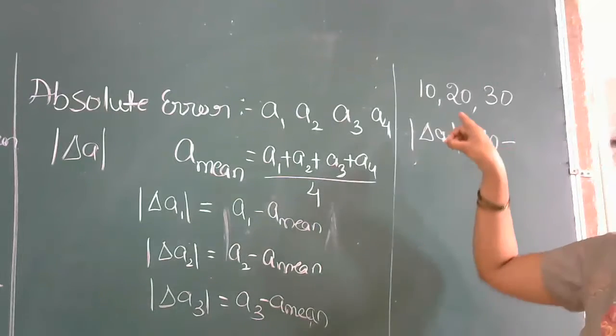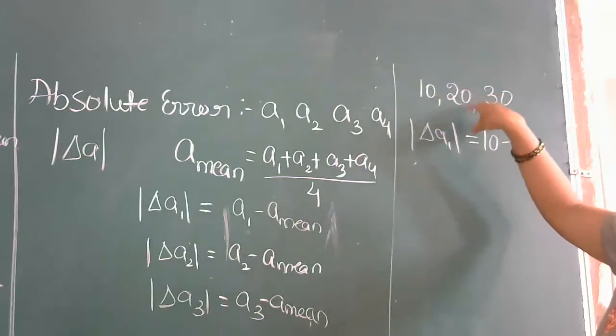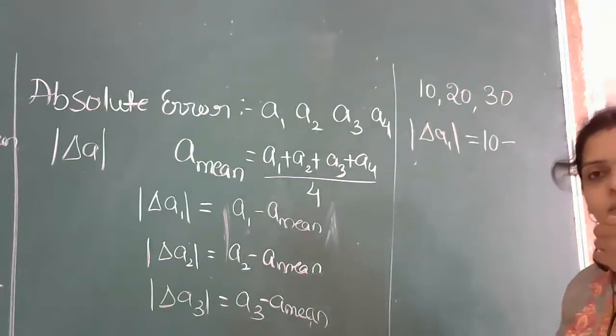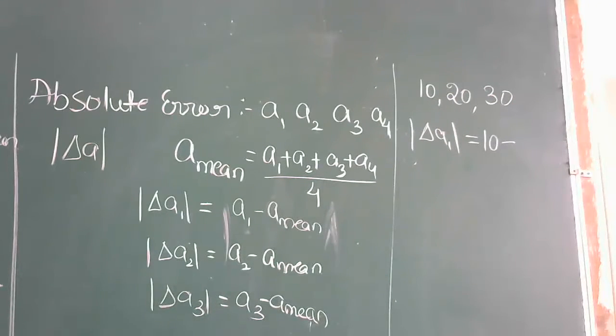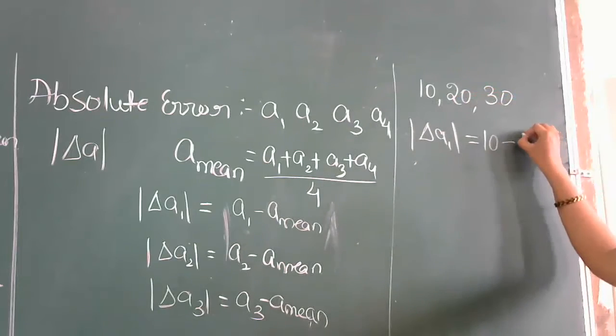Can anybody tell me what the mean of 10, 20, 30 is? Okay, all are telling it is 20, so I'll take it as 20.